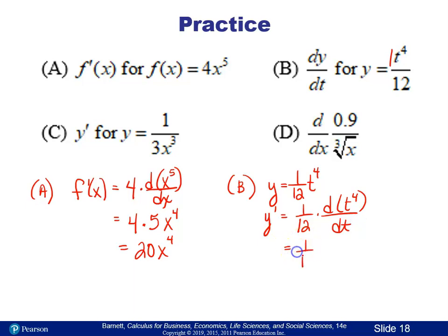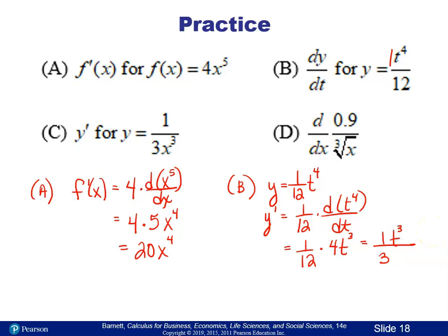Okay, so that's going to be 1/12 times the derivative of t to the 4th, which would be 4. Bring the 4 down, t, decrease the power by 1. So I'll have 4 over 12, which is 1/3. And then I'm going to have t to the 3rd.